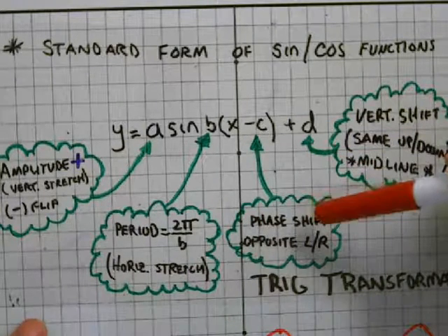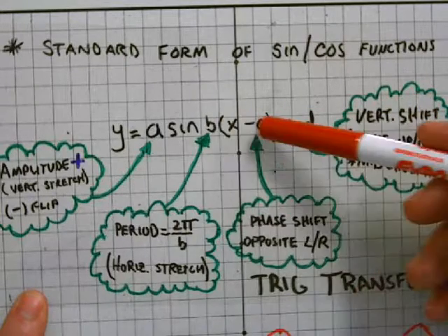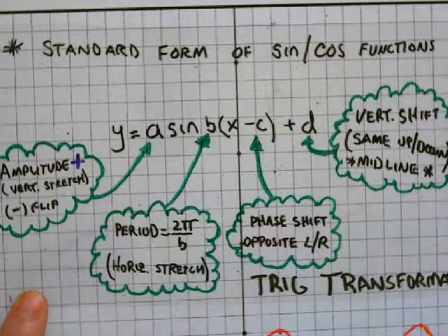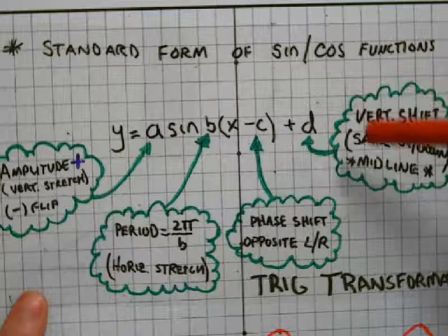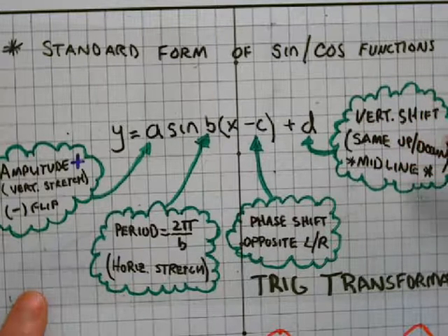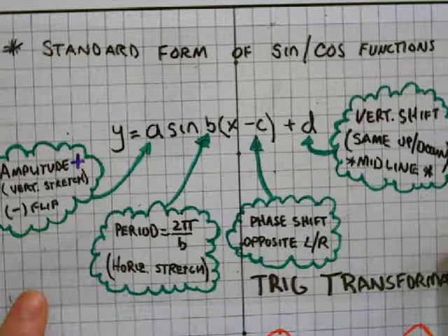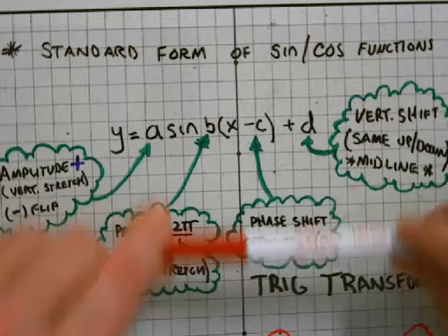And of course it's opposite. So if it's a positive phase shift, it would move in the negative direction, much like what you did with what was in the parentheses for parabolas when you moved those around for the vertex, if you remember that back in that topic. And then the vertical shift just moves the whole function up or down.